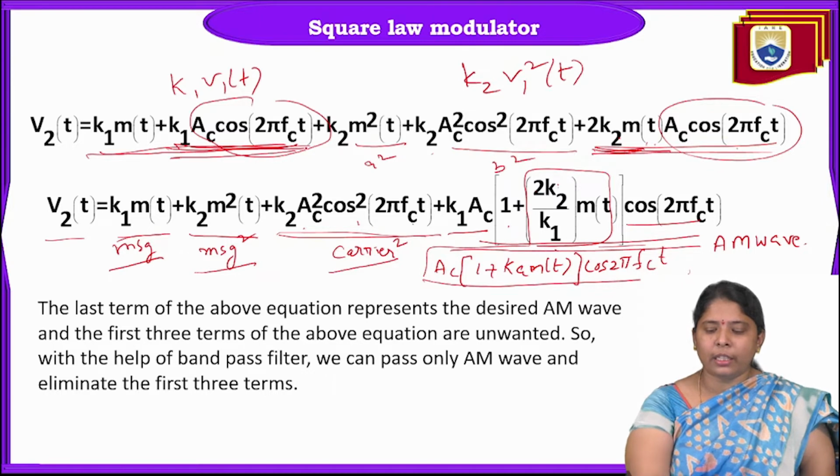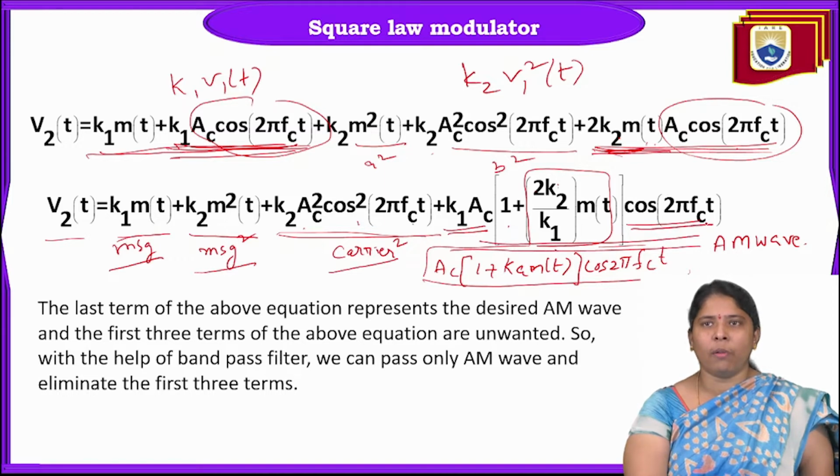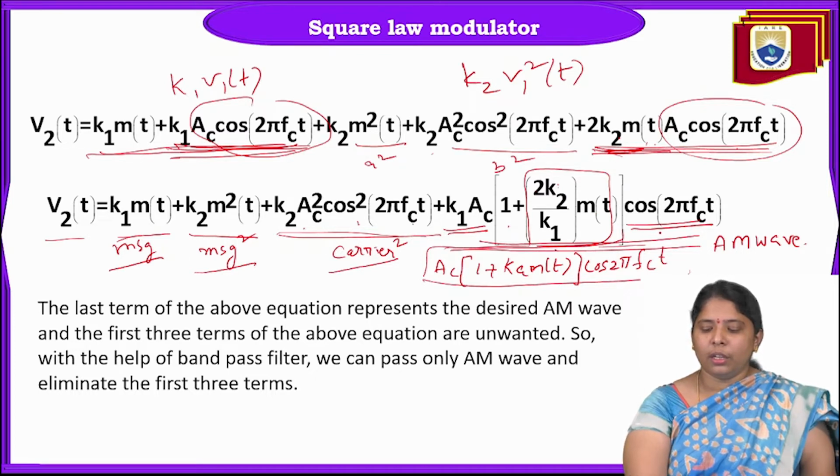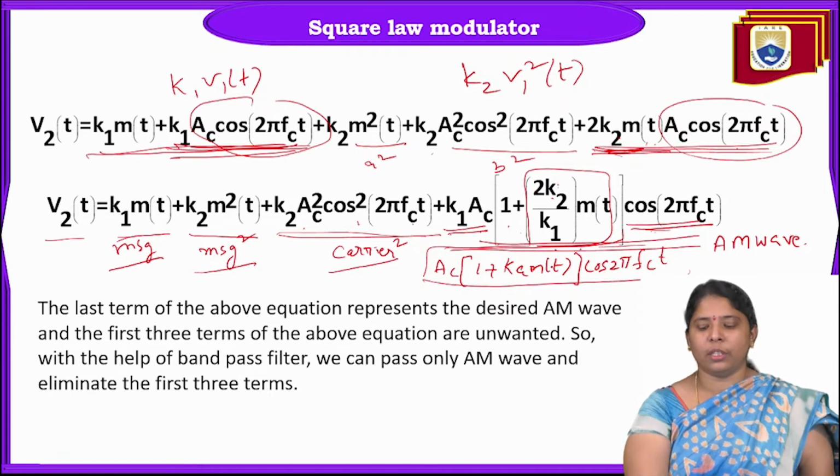From the second term and the fourth term, we take the common K1 Ac cos 2 pi fct. Then we get 1 plus 2 K2 by K1 into m of t. This is the total amplitude of the signal, K1 Ac into 1 plus 2 K2 by K1 into m of t.